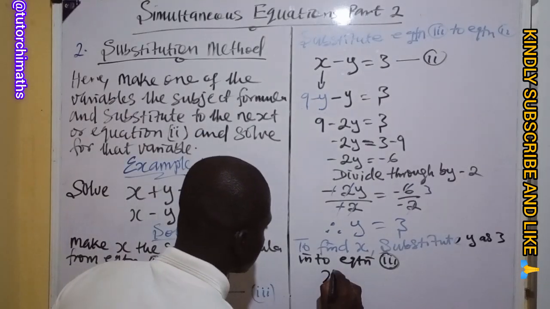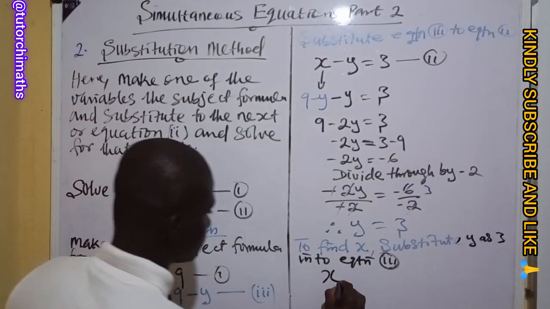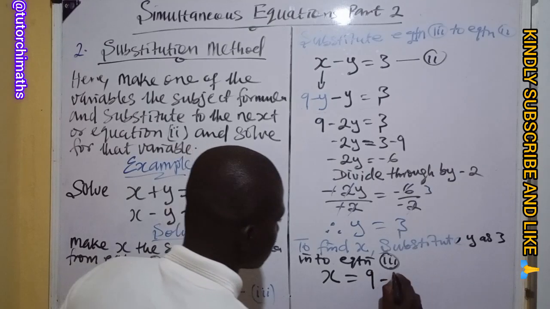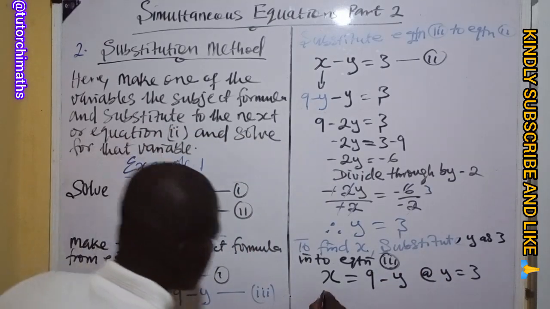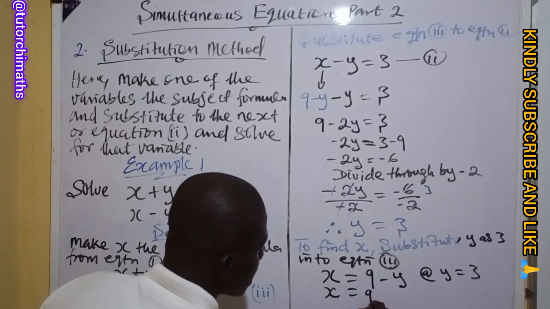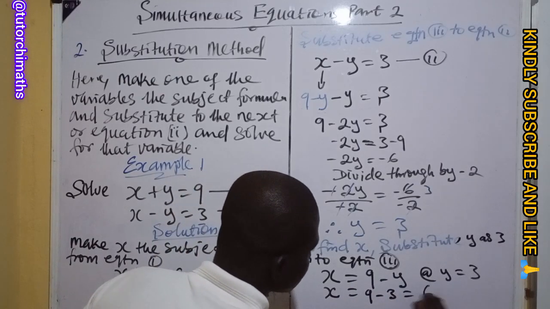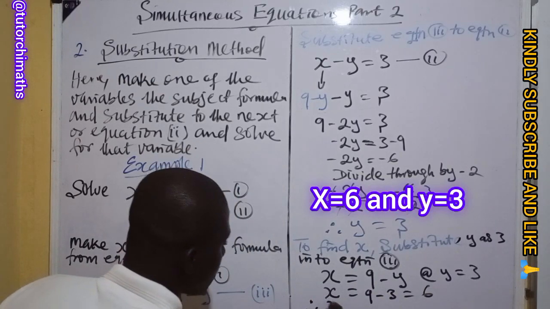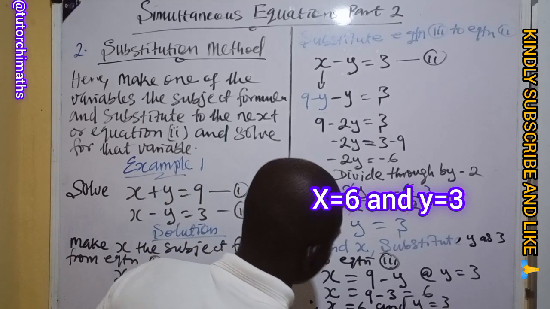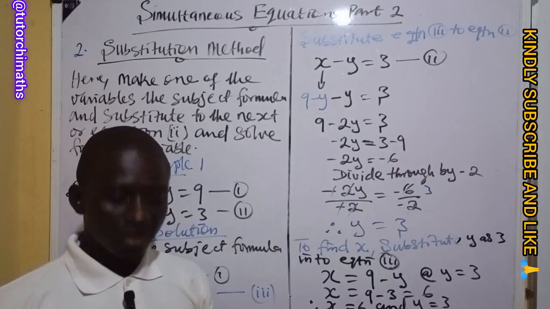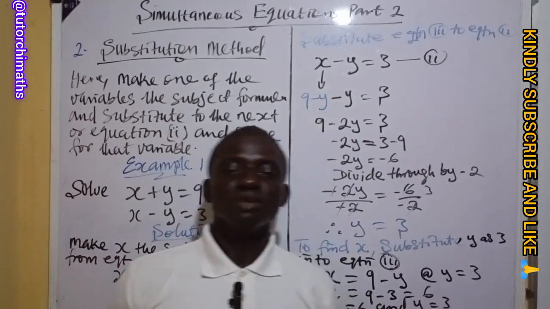So we have x is equal to 9 minus y. At y equals 3, you have that x will be 9 minus 3, which is what? 6. Therefore, our x is 6 and y is 3. Alright, same answer as we got when we used the elimination method.